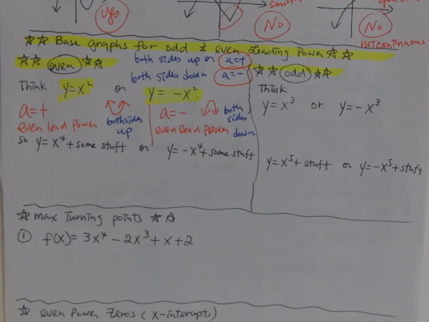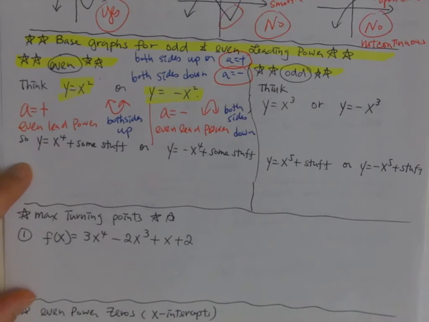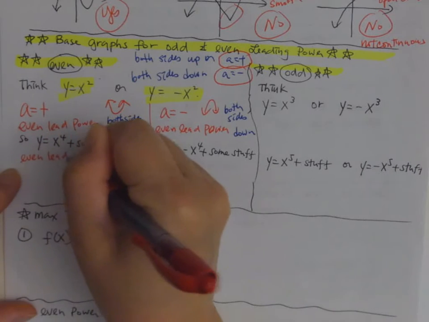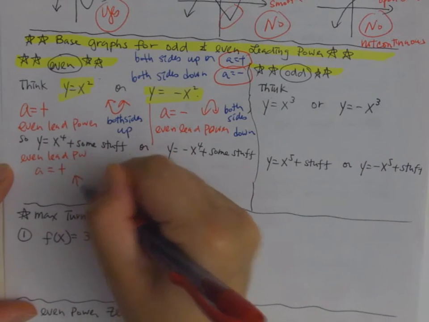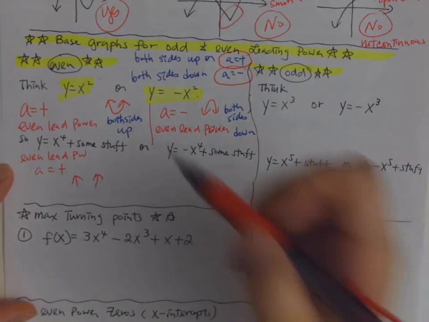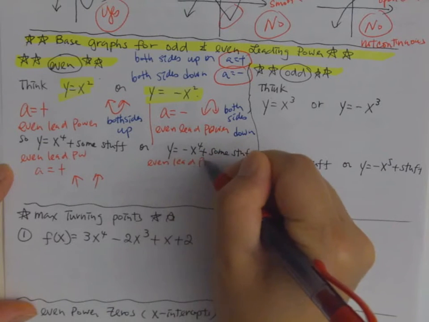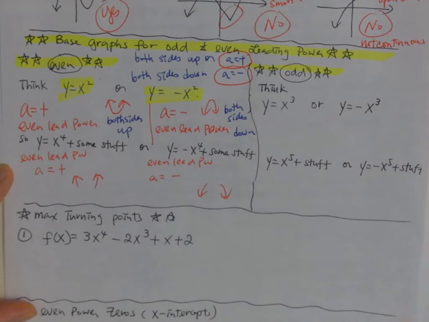If this is true, then you can figure out what the end behavior is going to look like. So this is leading even, A positive. It's going to be both sides up like the smiley face parabola, right? And with even leading power and A negative, it looks like an upside-down sad face parabola, right?